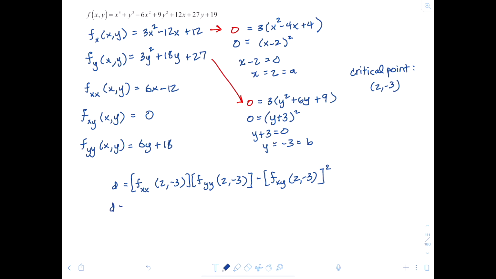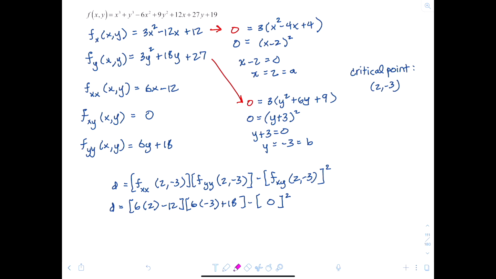So D is going to equal, so fxx at x and y was 6x minus 12. So we would have 6 times 2 minus 12 for that one. And then for the second one, we would have 6 times -3 plus 18. And then minus, this is just going to be 0.